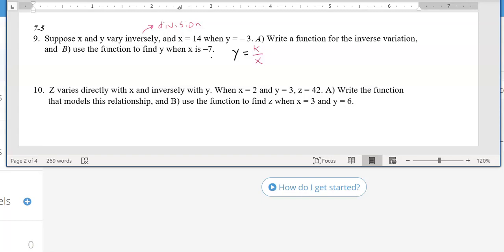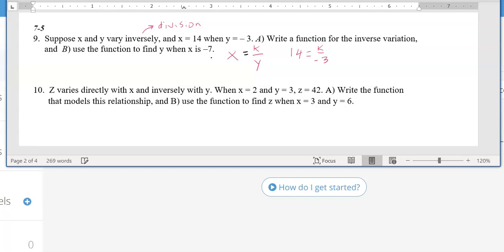Okay? All right, so x is 14 when y is -3. I think I'm going to switch those around. It says x and y vary inversely, so I'll just leave them in the same order. All right, x is 14 when y is -3.